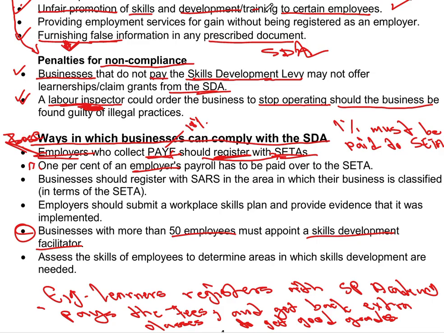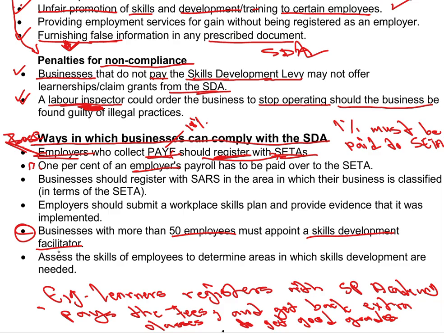So they ensure that compliance with the Skills Development Act is there. Obviously, when your boss is there while you are working, you won't make any mistake because he'll be guiding you. When you are lost, you'll just ask, boss, what can I do there? So the SDF is there to help plan and report on training.